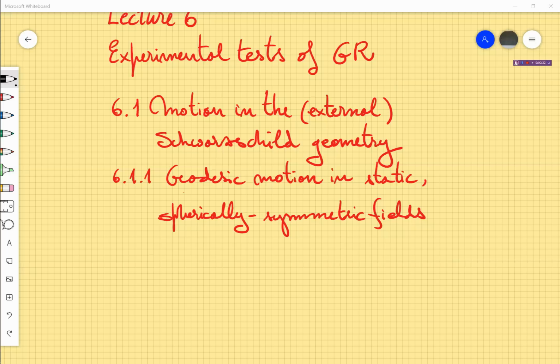There are different coordinates that one can use, and here we are going to use this one, in which the functions that determine the metric are this lambda and mu, and the coordinate r is by construction the coordinate which gives you the area of the surfaces of constant r. So a surface of constant r and time has area 4 pi r squared.